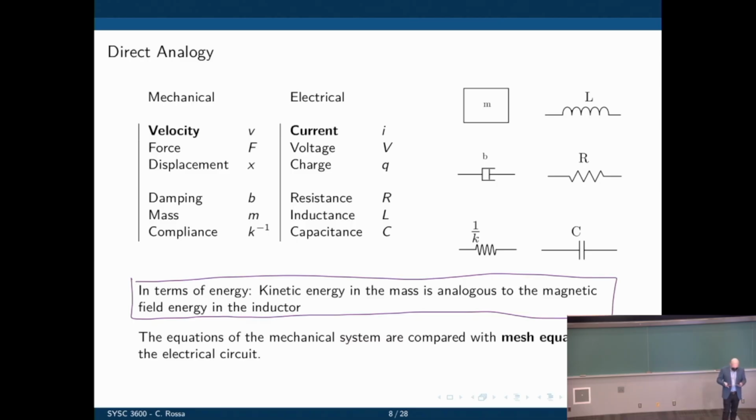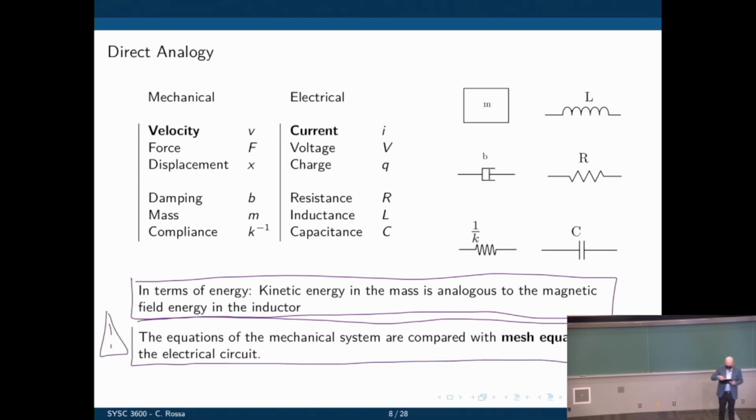And here is the key. The equations of the mechanical system will be compared with the mesh equations of the electrical circuit. And here is the key to solve this problem. This means that if we have a system with 4 loops, we'll have 4 degrees of freedom in the mechanical system.